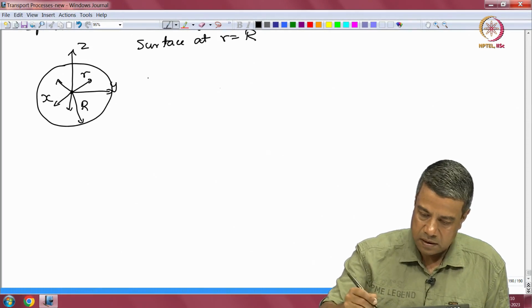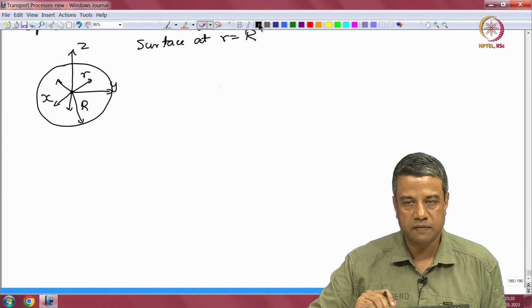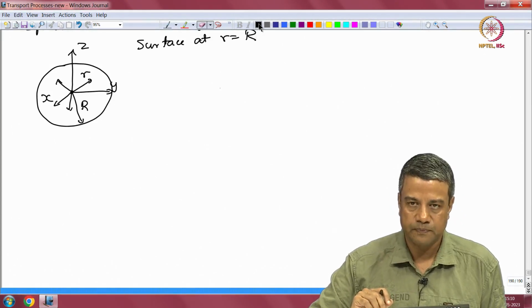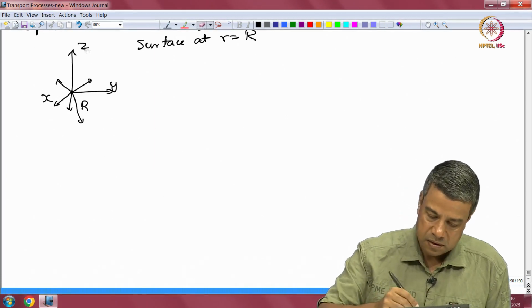So, I need to consider a differential volume between two surfaces of constant coordinate. In this case, the coordinate is the distance from the origin.